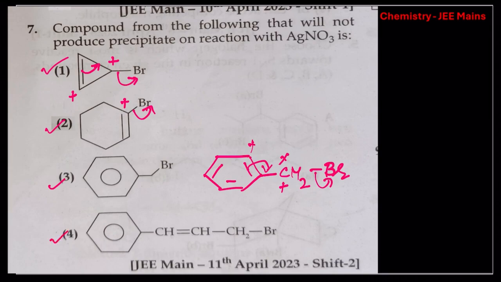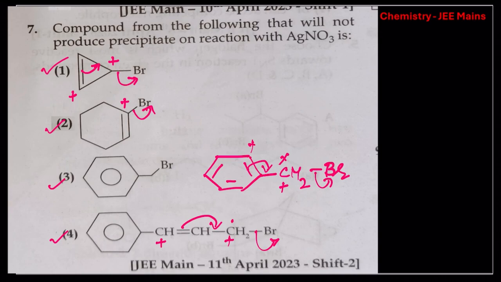Now fourth one, when this carbon-bromine bond breaks, this is an allylic carbon. So this allylic carbon gets a positive charge, and this positive charge is delocalized on the adjacent carbon atom, because the adjacent carbon atoms have pi electrons, and these pi electrons help in the delocalization of positive charge, making this carbocation stable.